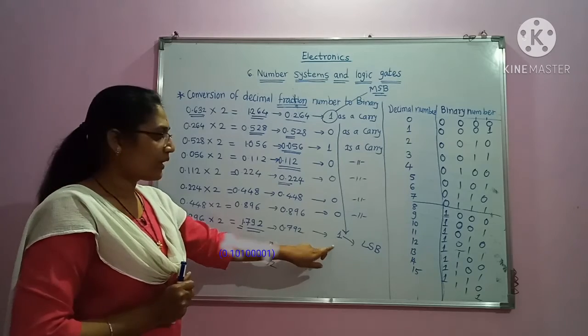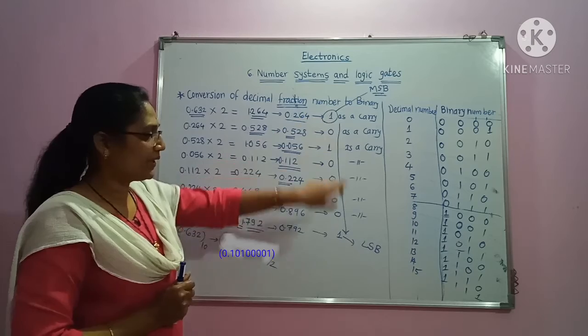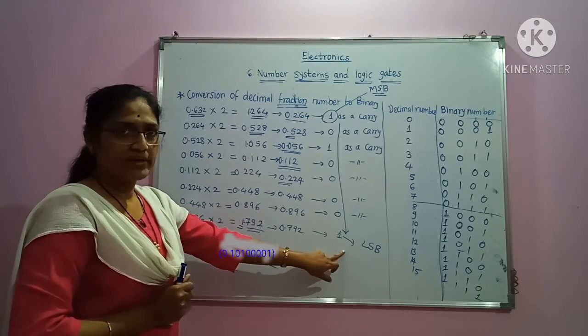I have obtained 10100001. But now the question is whether this will become the most significant bit or this will become the most significant bit.